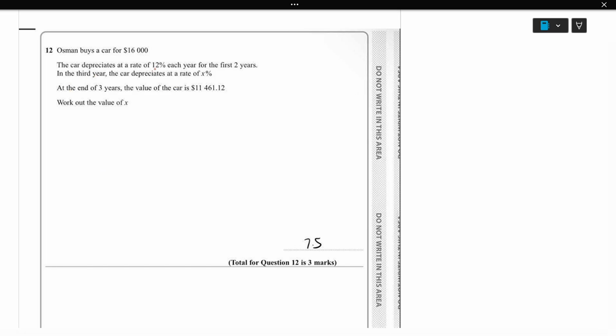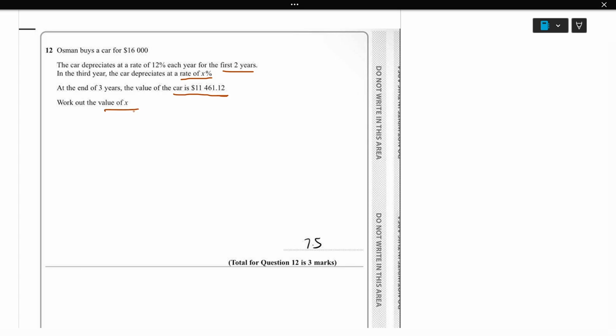Next, Osman buys a car for 16,000. The car depreciated at a rate of 12% each year for the first 2 years. Then the third year, the car depreciated at the rate of X percent. At the end of 3 years, the value of the car is 11461.12.